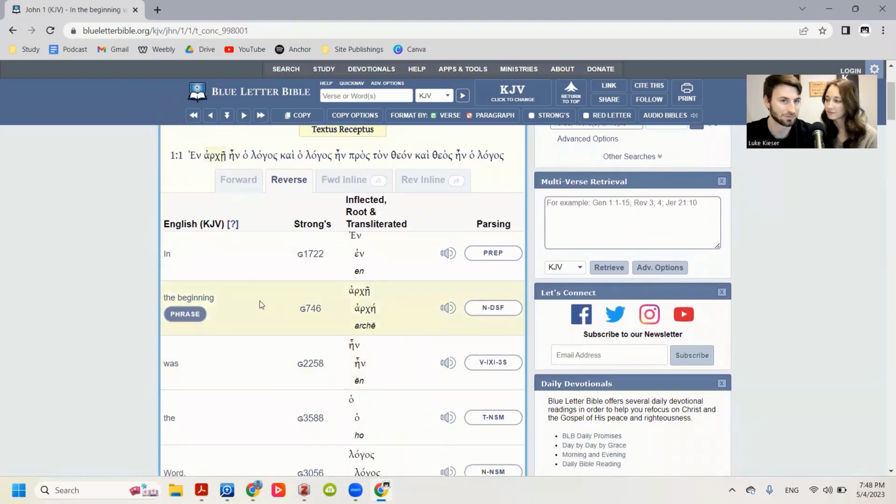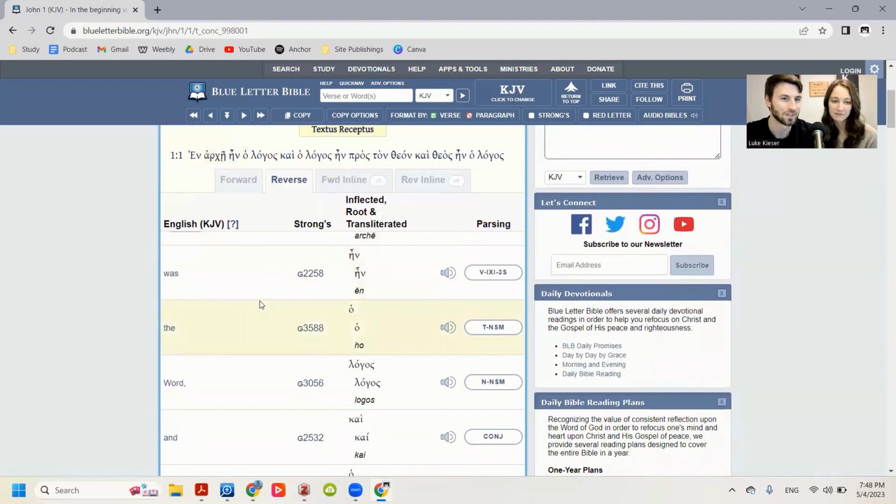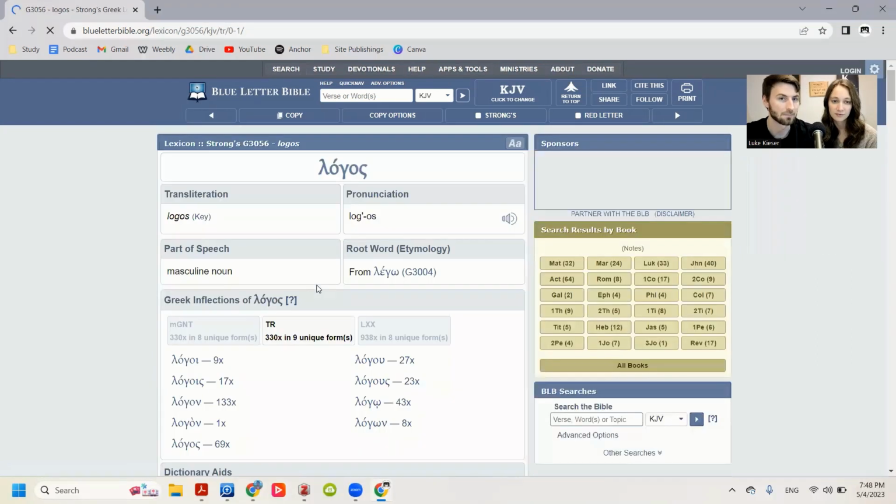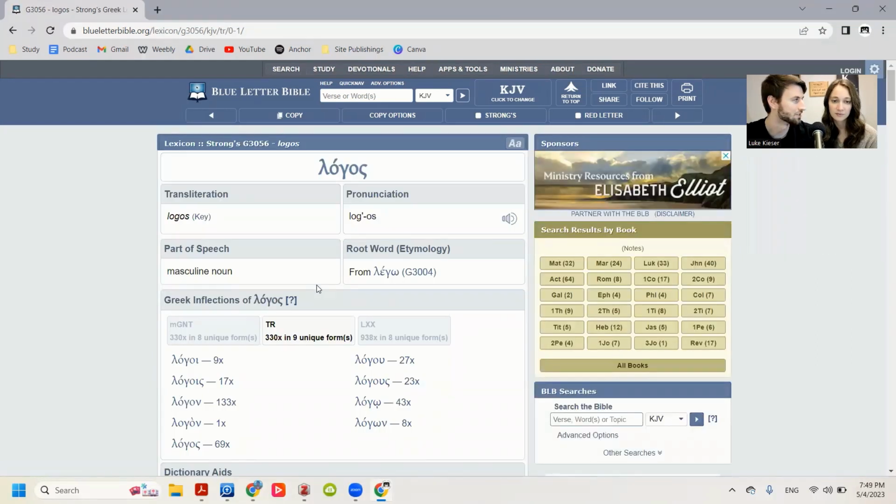Because of what I'm going to show here. So what you can do is you can find a word. So we're going to look at word. And right here, you can click on the Strong's number. And it pops up a whole page on that Greek word. So the Strong's number was the concordance, right? The huge book that a lot of people have that says all of the times the word is used.